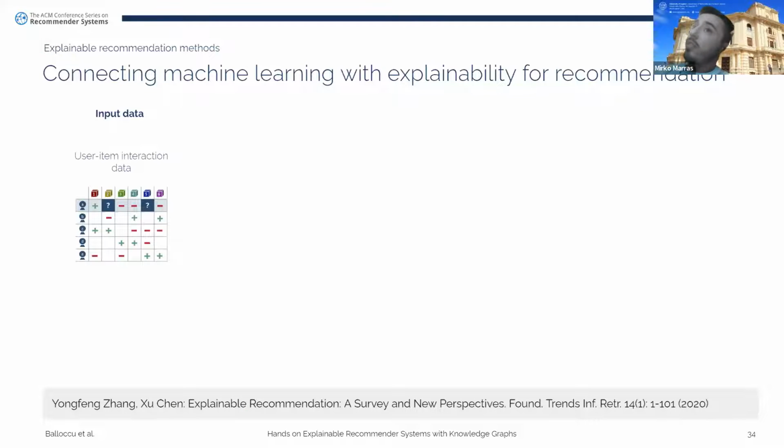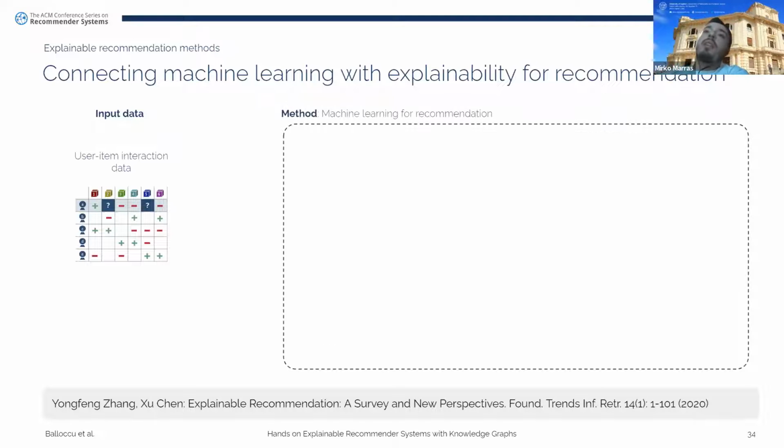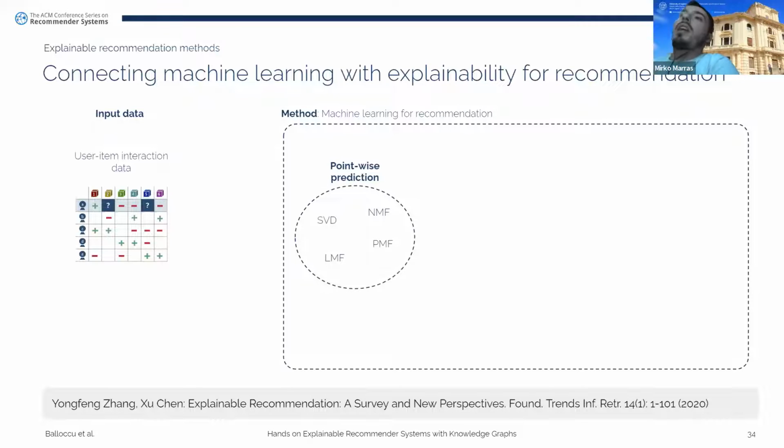So recent research on model-based explainable recommendation is closely related to machine learning for recommender systems, as you know. One of the main classical ML models for recommendation is the latent factor model based on matrix factorization. Matrix factorization methods are also commonly referred to as point-wise prediction methods, and they're frequently used to predict user explicit feedback.